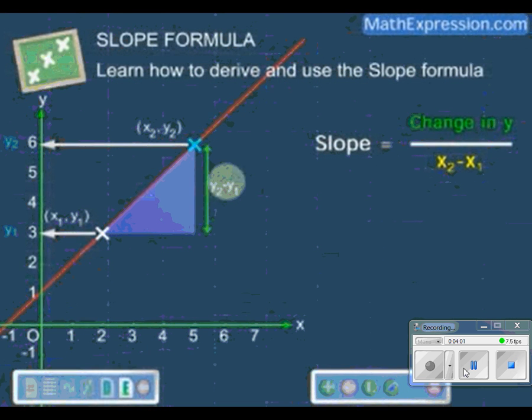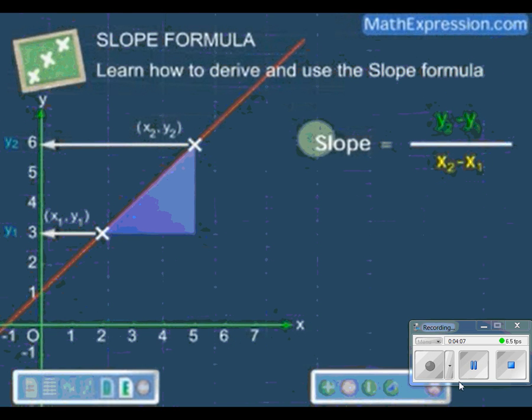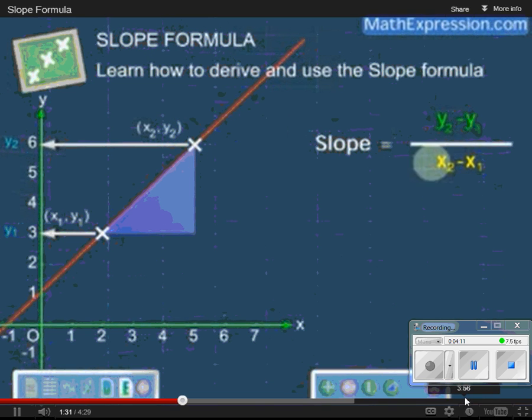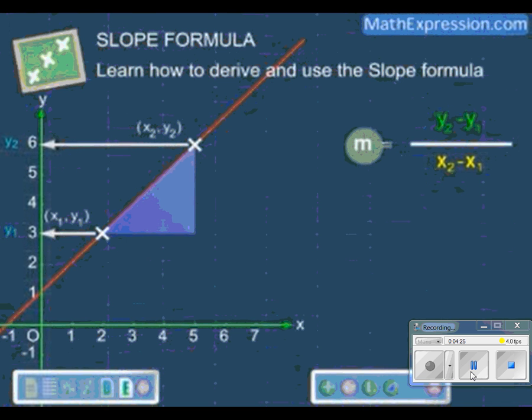Now, with this, we can replace change in y with y2 minus y1. Finally, the slope is equal to y2 minus y1 divided by x2 minus x1. Following convention, we can represent the slope with the variable m. So, we now have the slope formula, m equals y2 minus y1 divided by x2 minus x1.